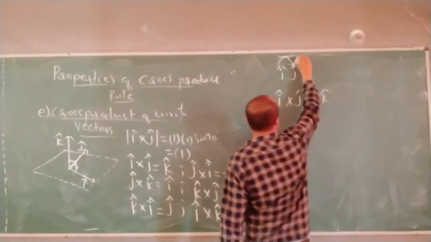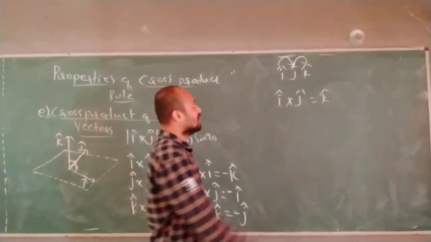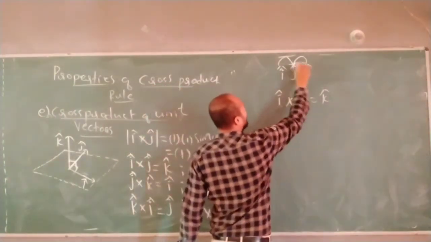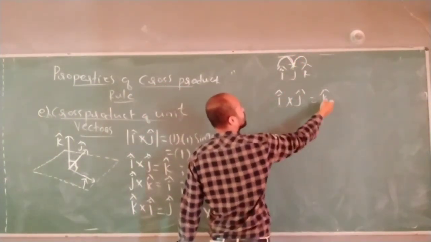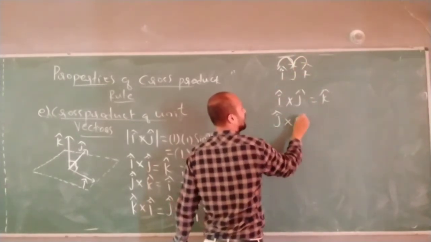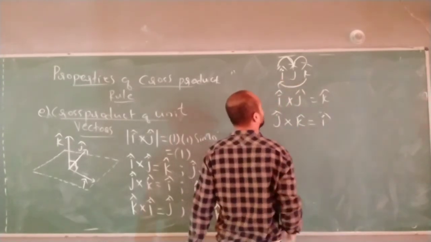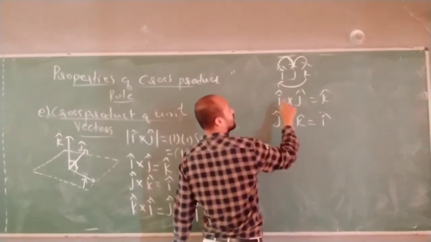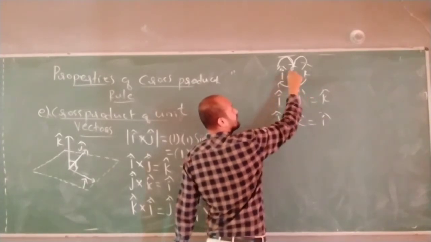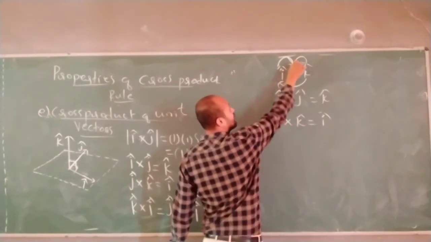Just write down i, j, k. This is my logic. i, j will give you k. j cross k will give you i again. Then k cross i will give you j.